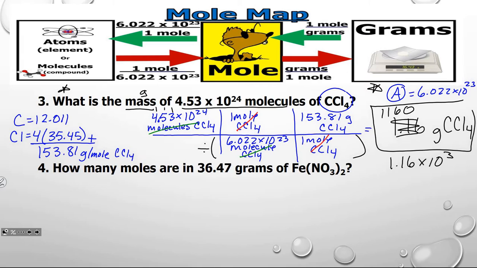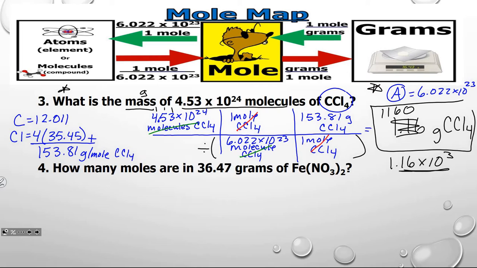Did you see that? On yours, the one that gave me 1.116, did it have an exponent? Watch that, because this would have been right if you'd put times 10 to the third. Once you get to 1,000, you really should be putting it in scientific notation anyway. So that would be more correct.